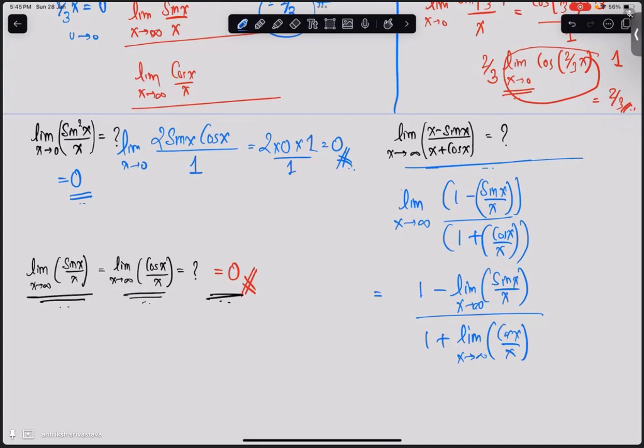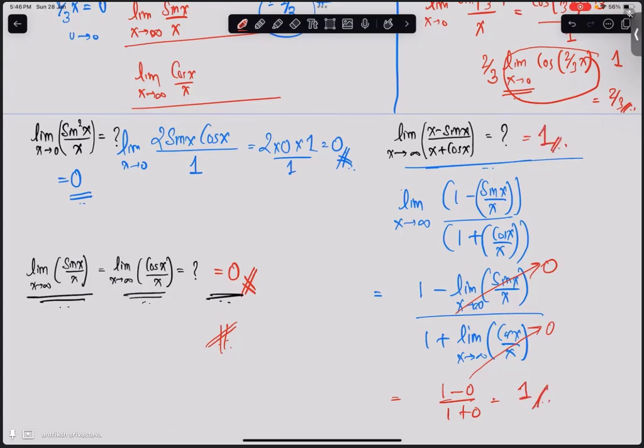And what did we see just here? What is the value of sin x by x as x tends to infinity? It is 0. And similarly, cos x by x as x tends to infinity is again 0. So then what is the final value for this answer? It is 1 minus 0 by 1 plus 0, that is 1.